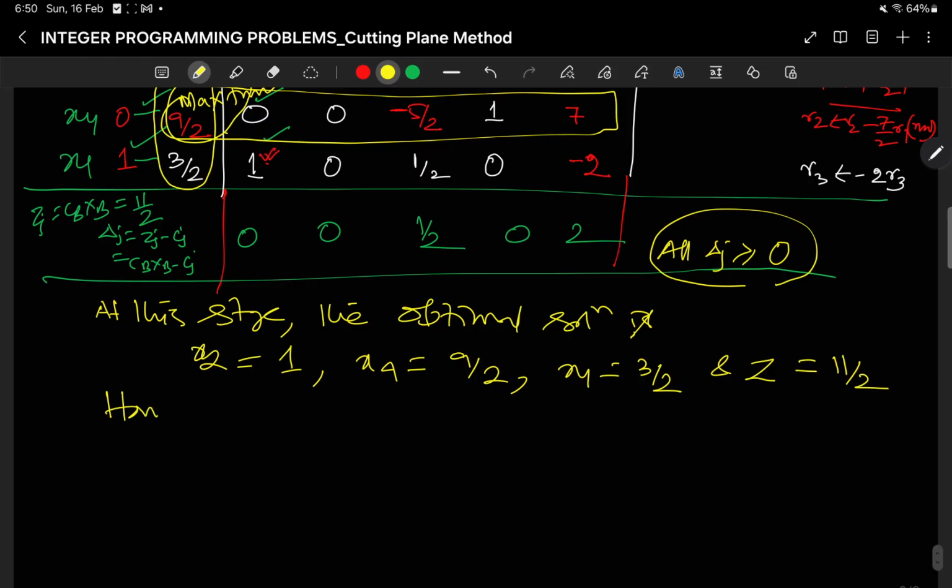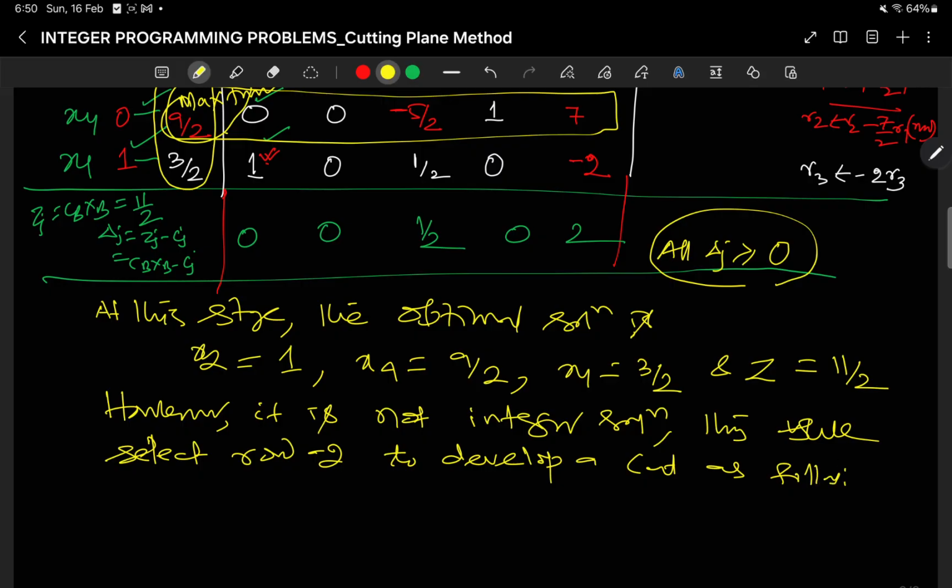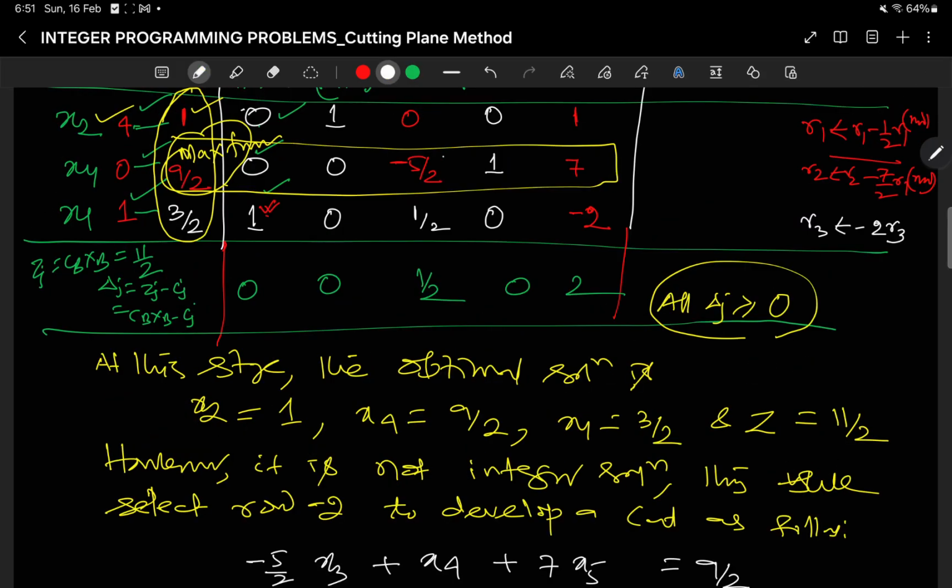However, it is not an integer solution, thus we select row 2 to develop a cut as follows. So the cut here is minus 5 by 2 x3 plus x4 plus 7x5 is 9 by 2.